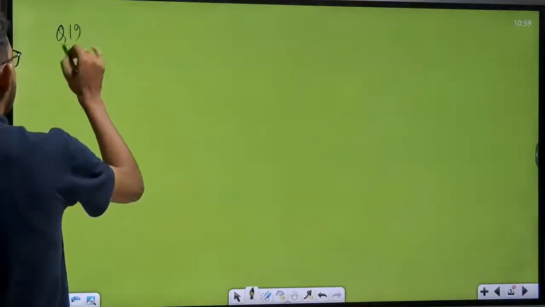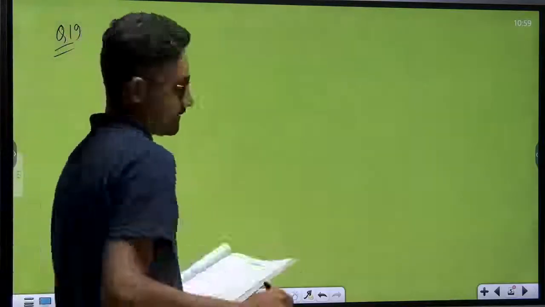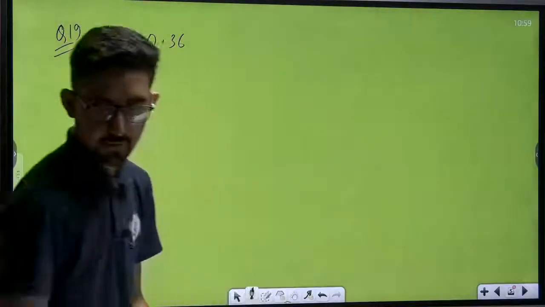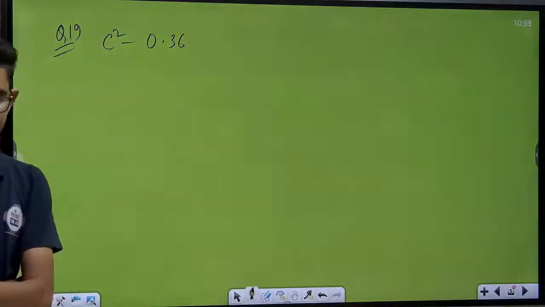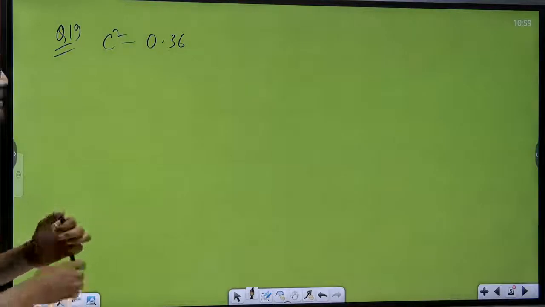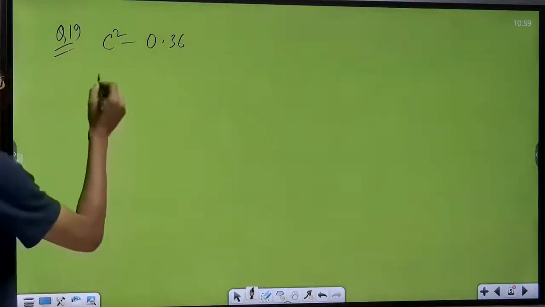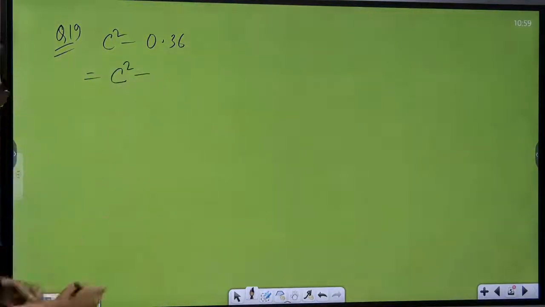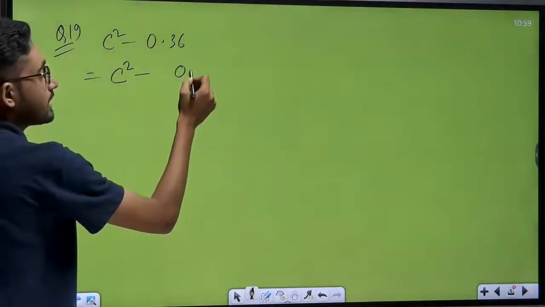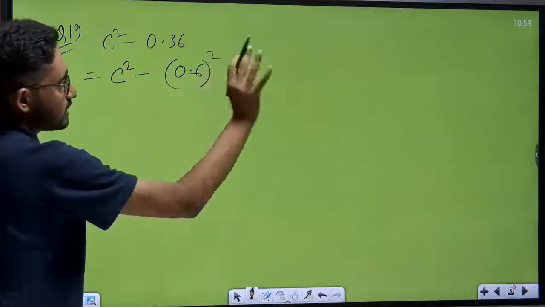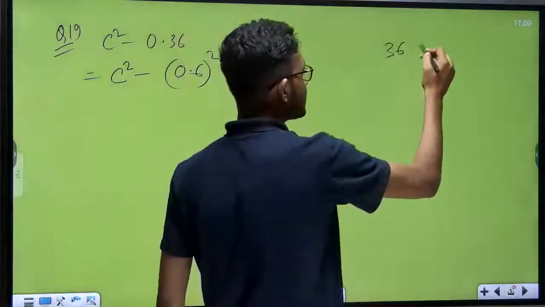Question number 19, that is c square minus 0.36. Okay, so c square minus 0.36, we can say c square minus what? c square minus 6? No, 0.6. Because if it were 36, we could say the square of 6.